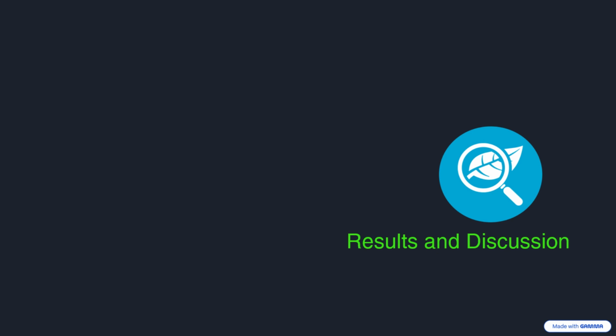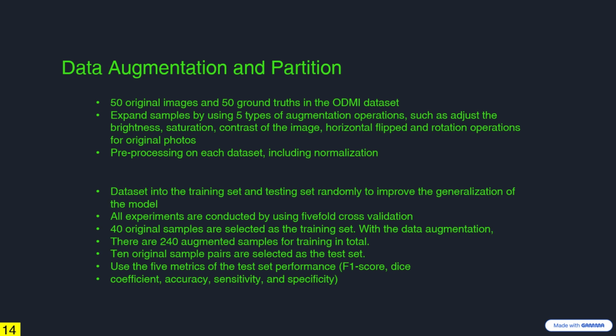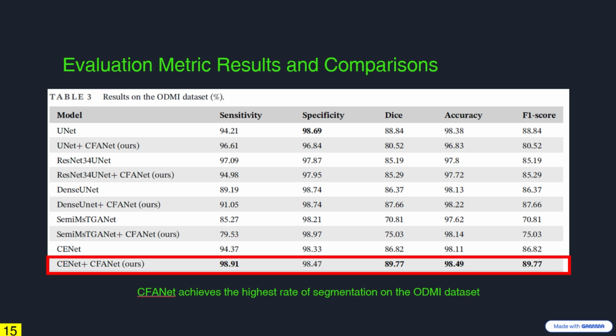Now we move to the results and discussion chapter. First, we will talk about the data augmentation and data partition. In the data augmentation, we have access to 50 original images and 50 ground truths in our ODMI dataset.